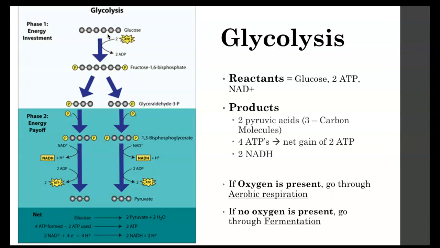Essentially what we're trying to do is break it down into two 3-carbon molecules of pyruvate. We're just going to go simply down this diagram and explain that. We start with a 6-carbon molecule of glucose, and then we add phosphates to make this glucose molecule a little bit unstable so that we can split it in half.